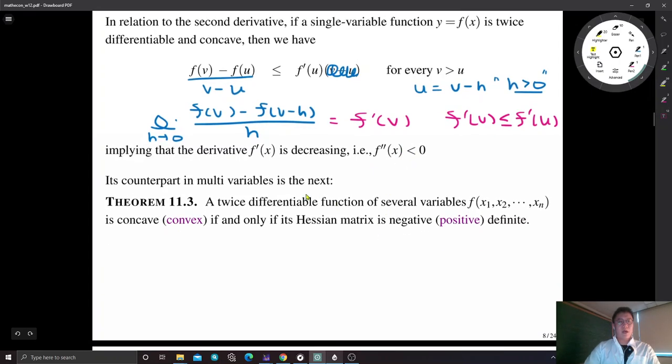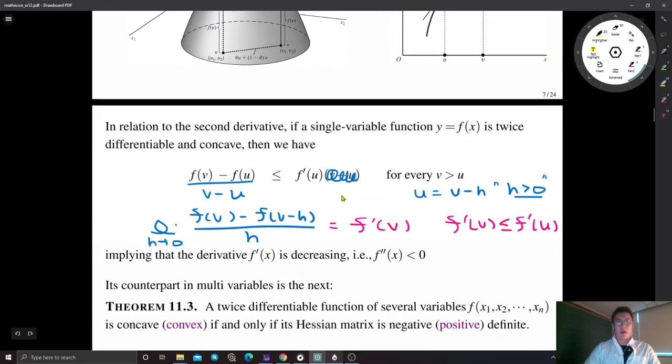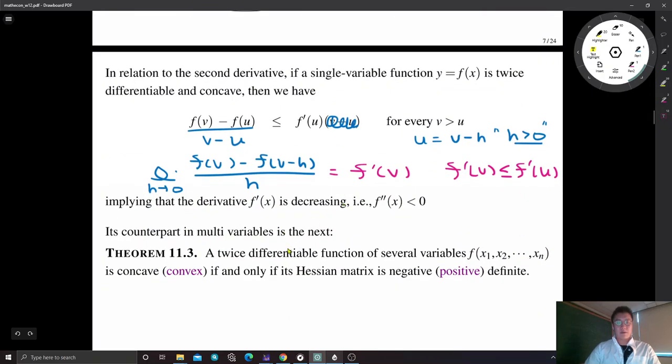All right. So its counterpart in the multivariable case is the next. If a function depends on several variables, here is the formal definition. And what is some easy criterion to see whether a given function is convex or concave? That bears on this Hessian matrix.